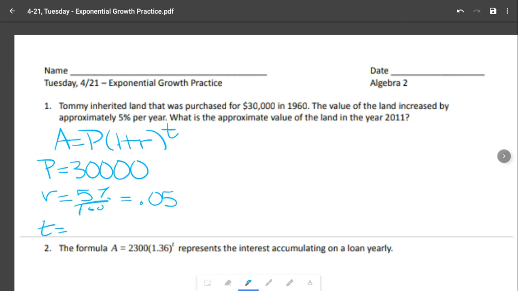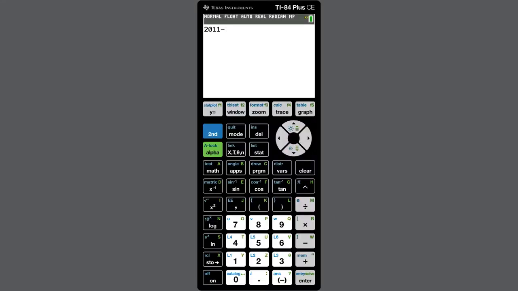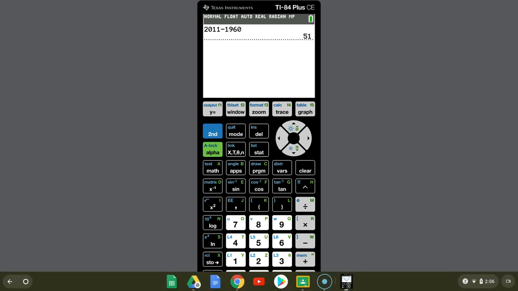And now T, we want to see the value of the land in 2011. So we have 2011 minus 1960 when this started. So you can do that on your calculator. And you should get 51.